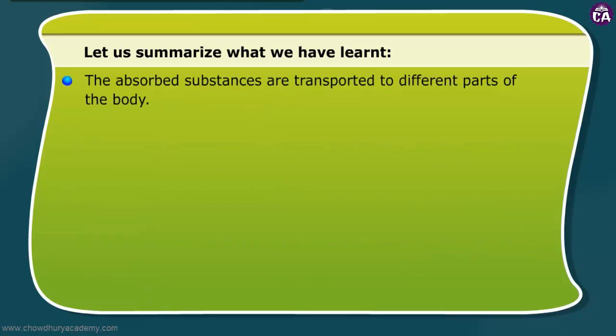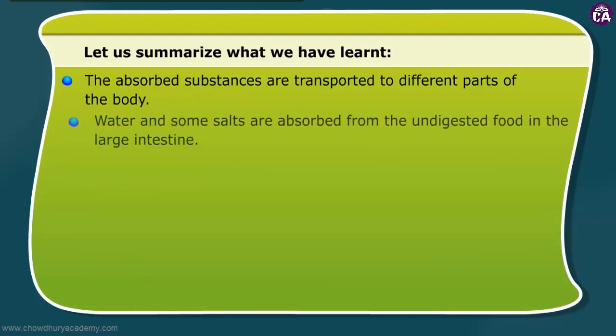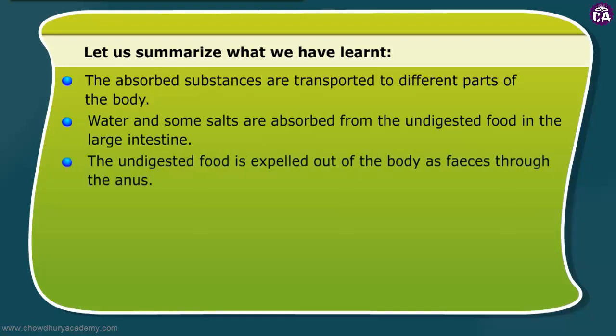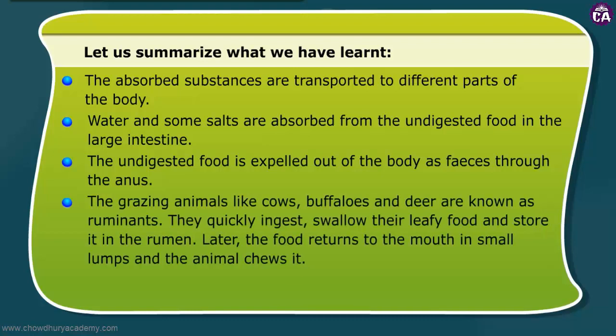The absorbed substances are transported to different parts of the body. Water and some salts are absorbed from the undigested food in the large intestine. The undigested food is expelled out of the body as feces through the anus. The grazing animals like cows, buffaloes, and deer are known as ruminants.